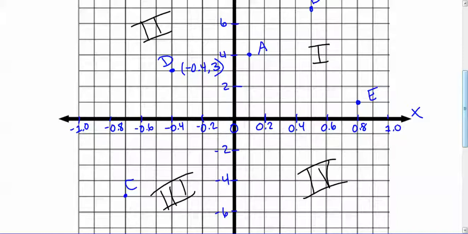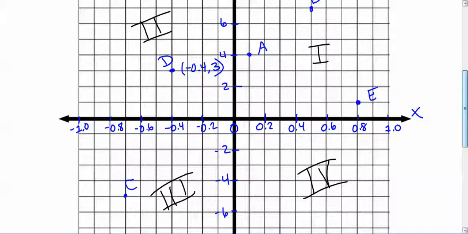We want to reflect point D in the y-axis. Who can give me the new coordinates? Amaya. 4/10 and 3. Very good. Nice job. So instead of going to the left, it would go to the right, and it would be right here. Nice job, Amaya. Does someone else want to try one? This is something you need to know how to do.